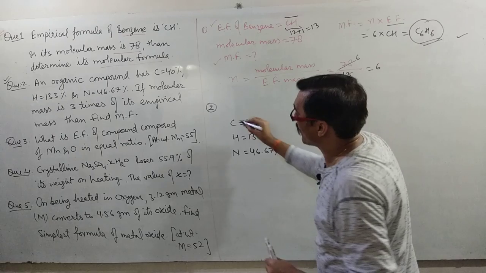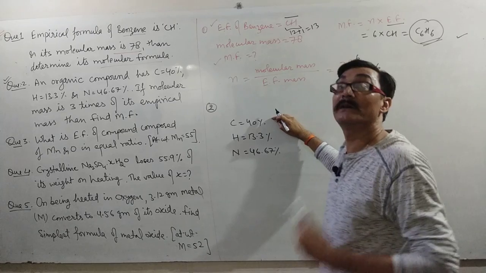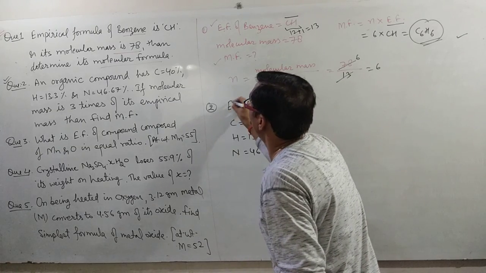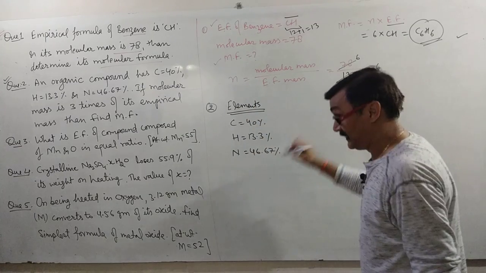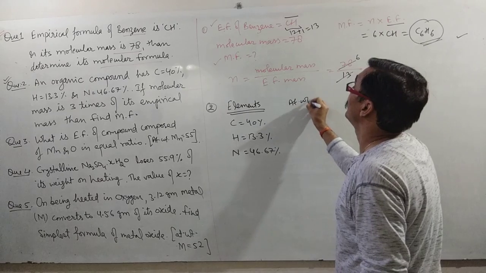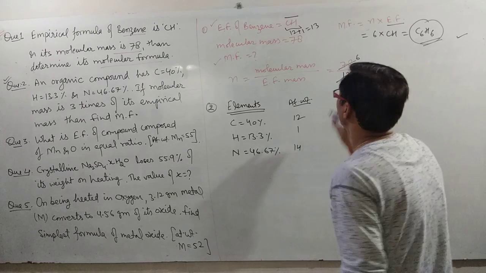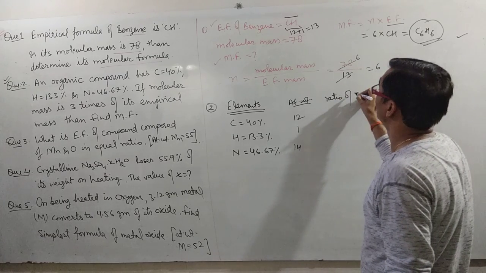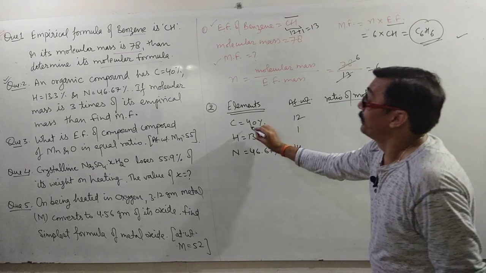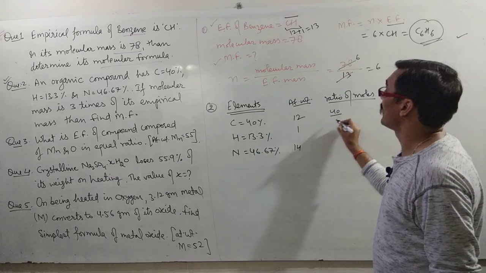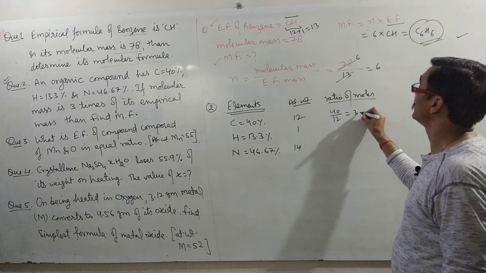So to find the number of moles from their mass percent, we have to divide the percentage by their atomic mass. So first of all, the elements or components of the molecule with their percentage. Atomic weight of elements: carbon is 12, hydrogen is 1, nitrogen is 14. So the ratio of their moles is mass divided by molar mass, or in case of elements, atomic mass: 12, it is 12 threes are 36, 3.